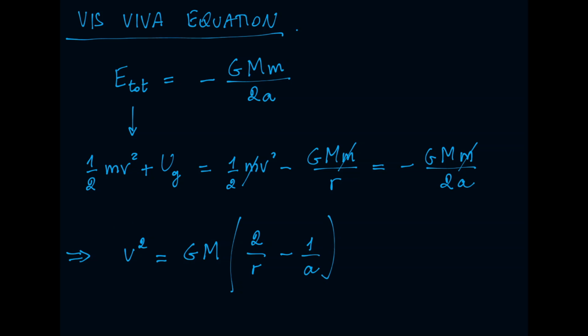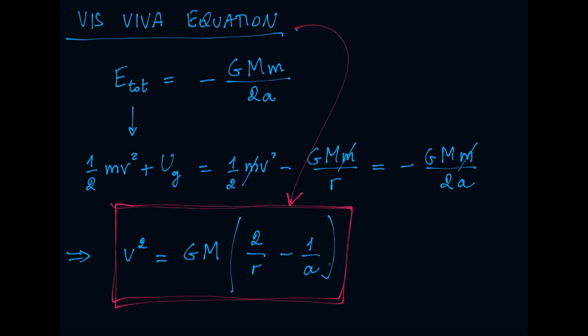And this, my friends, is precisely what historically people have been calling the vis-viva equation. And so at any point in an orbit, take an orbit with a certain value of the semi-major axis a.